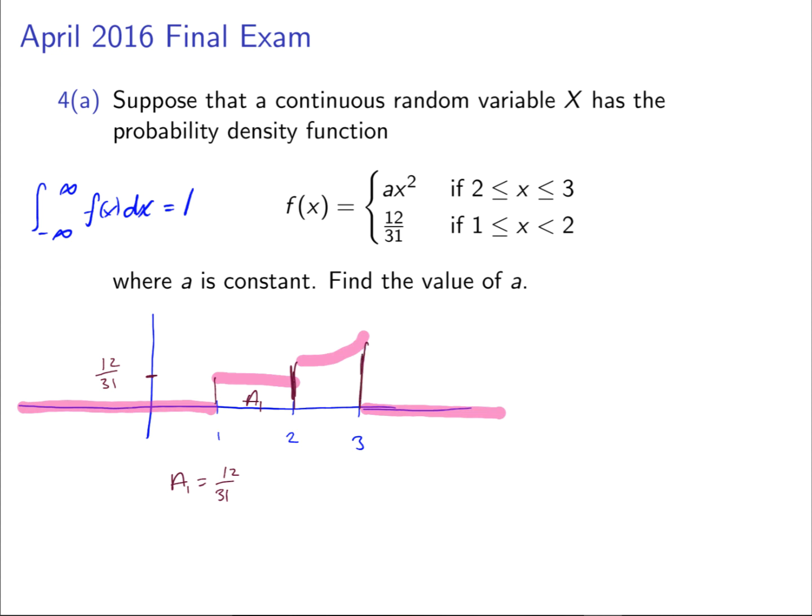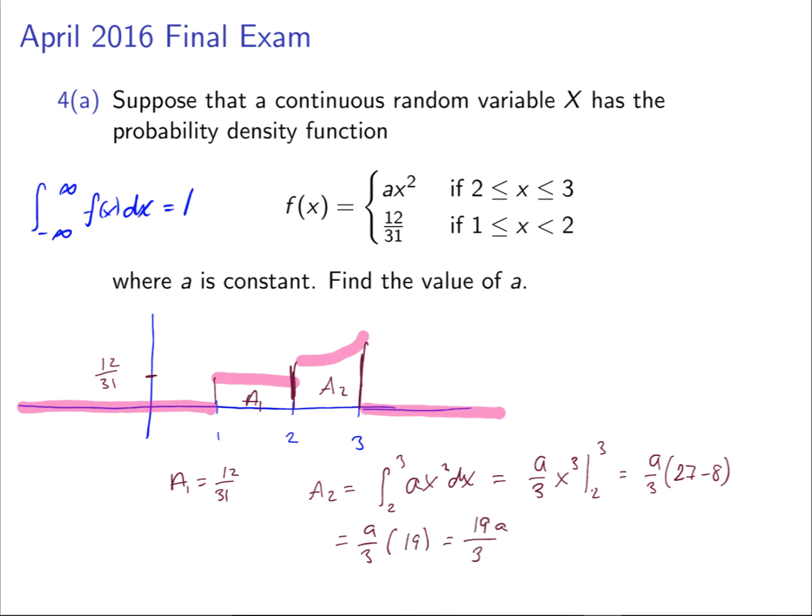Now let's think about the area underneath this quadratic portion. This is the area under the curve from 2 to 3 of a times x squared. So we can figure this out using the fundamental theorem of calculus, part 2. This is a over 3 x cubed, evaluated from 2 to 3. That's a over 3 times 27 minus 8, which is a over 3 times 19.